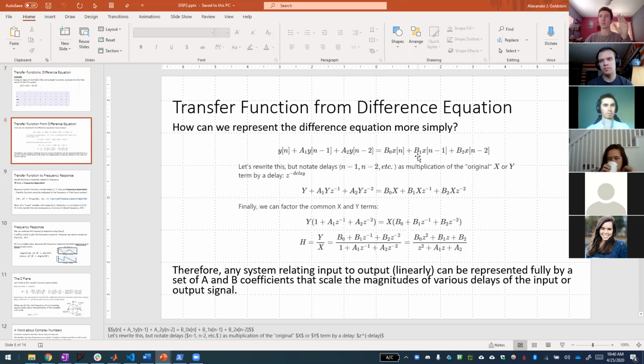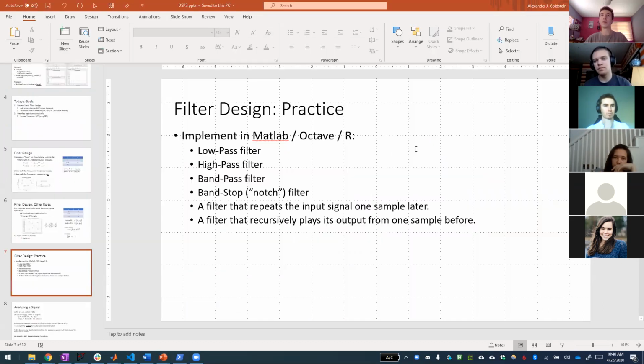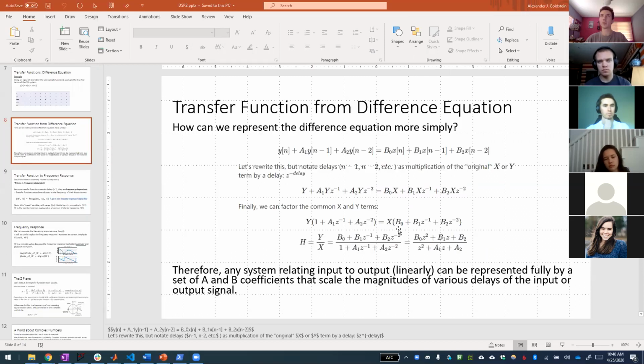And then you'd also want a 1 on the b_1 coefficient so that it's doing 1 times whatever it was 1 sample prior. And then if you want a filter that recursively plays the output from 1 sample before, you just want an a_1 term so that whatever your output was, you're doing some multiple of that.